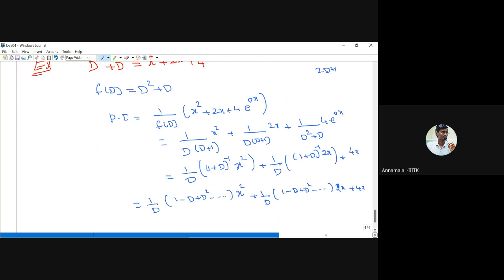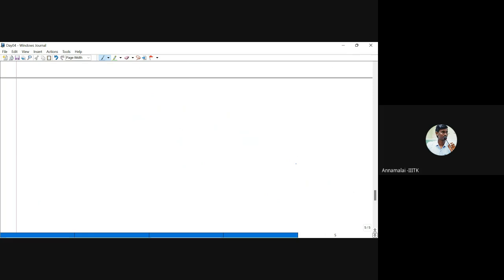Okay. So now we know the derivatives. First derivative of x square is 2x. Second derivative of x square is 2. But third derivative of x square is 0. Therefore, better we consider only up to the second derivative.